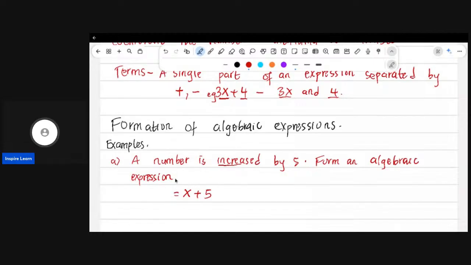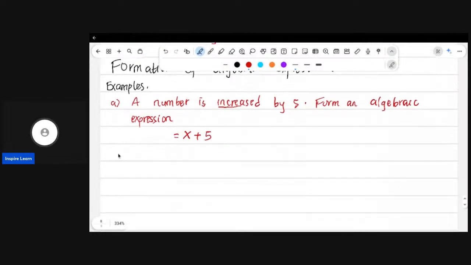Here we can have this second example, B, that is telling us that Ravi has some apples. Then you're told he buys 4 more. If you're told that he buys 4 more, what does it mean?